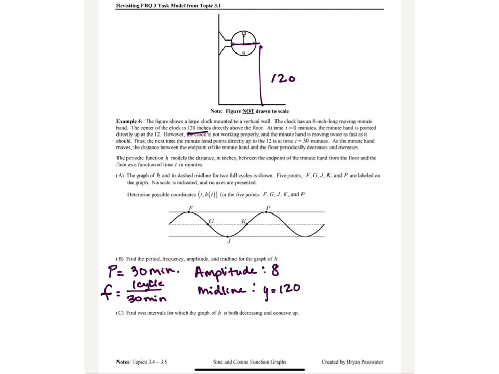So, when we're at point F, that means it's at 12 o'clock, right? So my F coordinates are going to be 0, comma, and at 12 o'clock, we're at 128 because my amplitude is 8. So by the time it gets to G, how much time has passed?